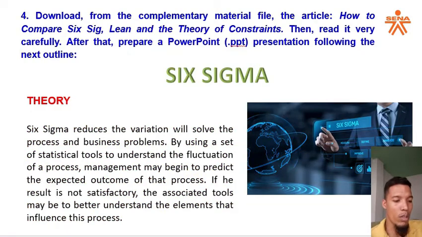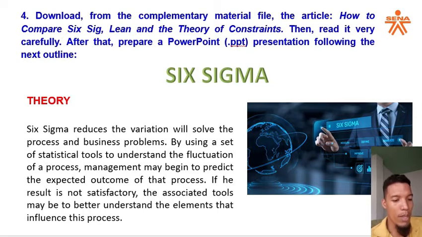Point 4, Six Sigma theory. Six Sigma reduces variation and solves process and business problems by using a set of statistical tools to understand the fluctuation of a process.